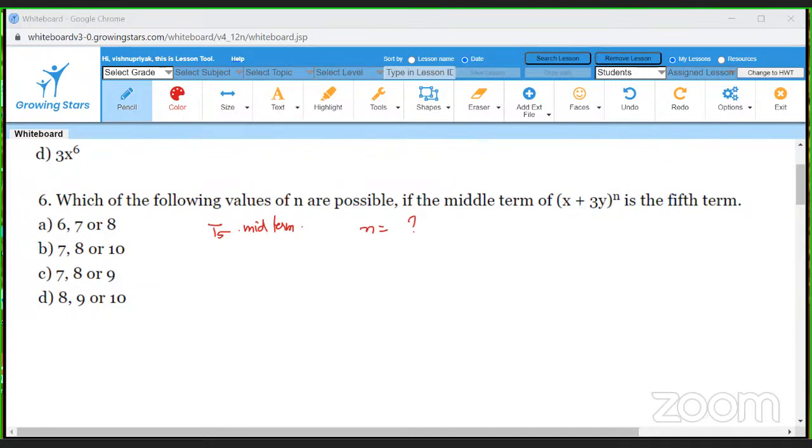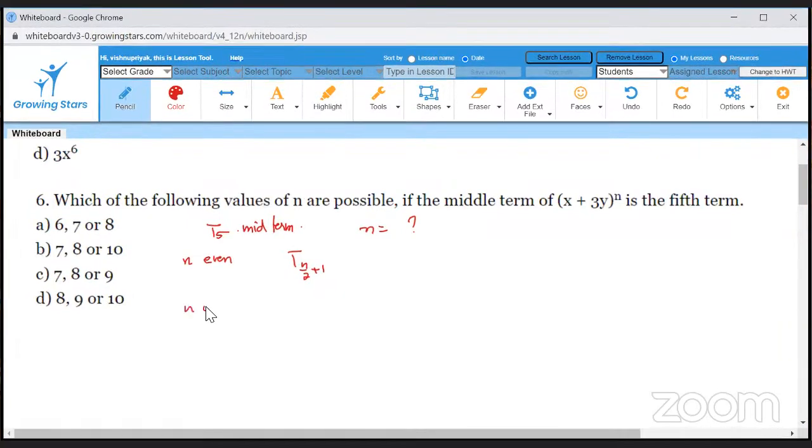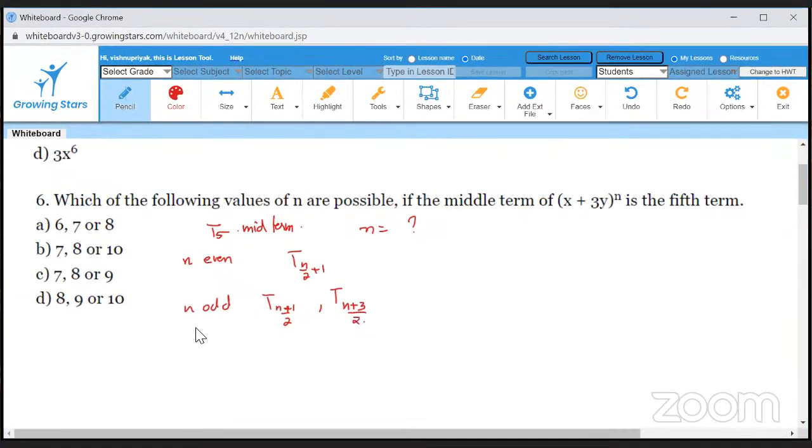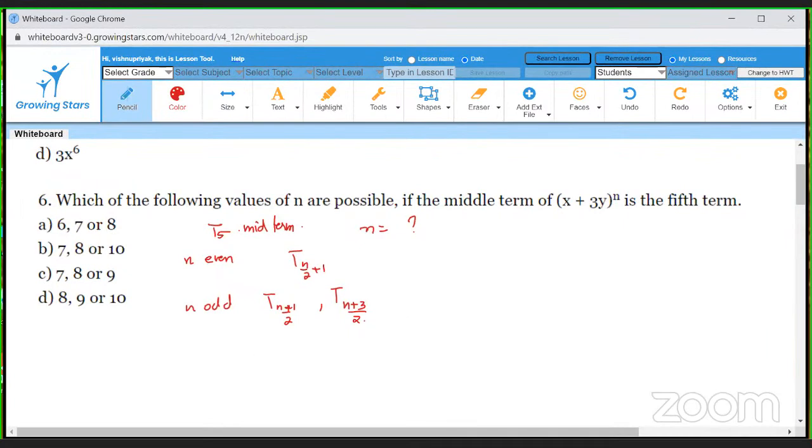Suppose if n is odd, there will be two middle terms. Let me write. If n is even, n by 2 plus 1th term will be the middle term. If n is odd, n plus 1 by 2, and the other I gave you in the formula, n plus 3 by 2. These two will be the middle terms. That is for sure.